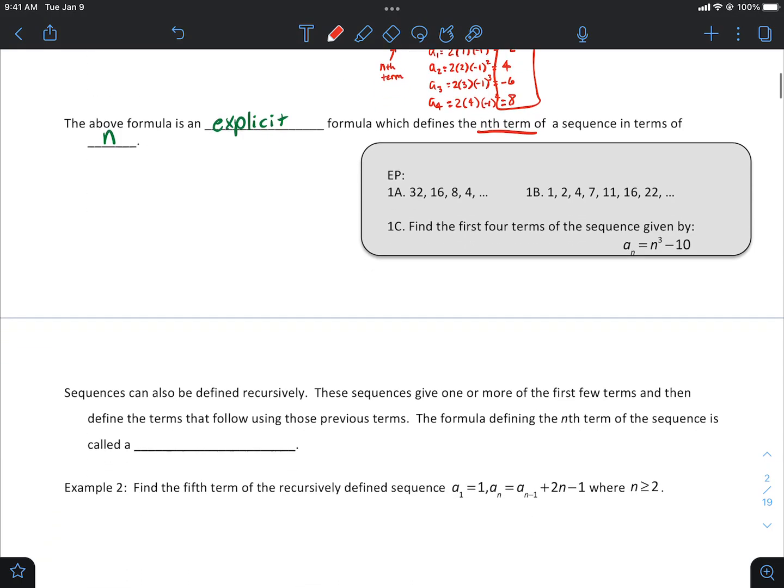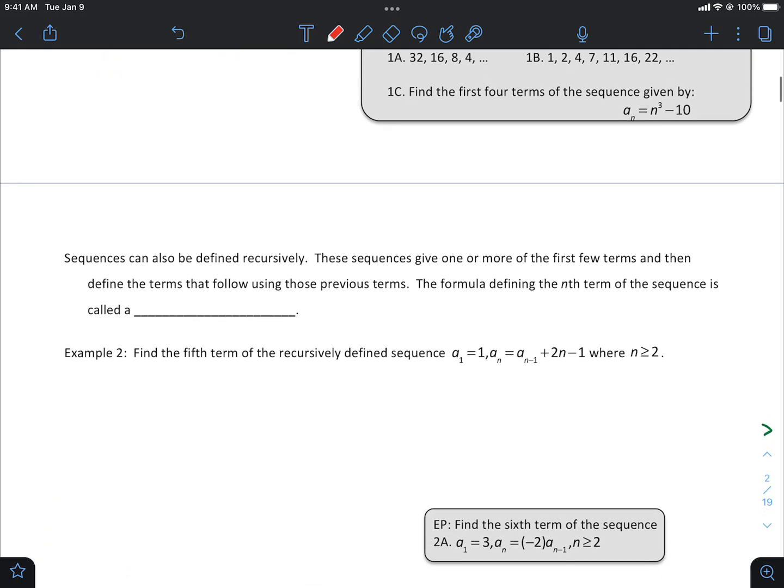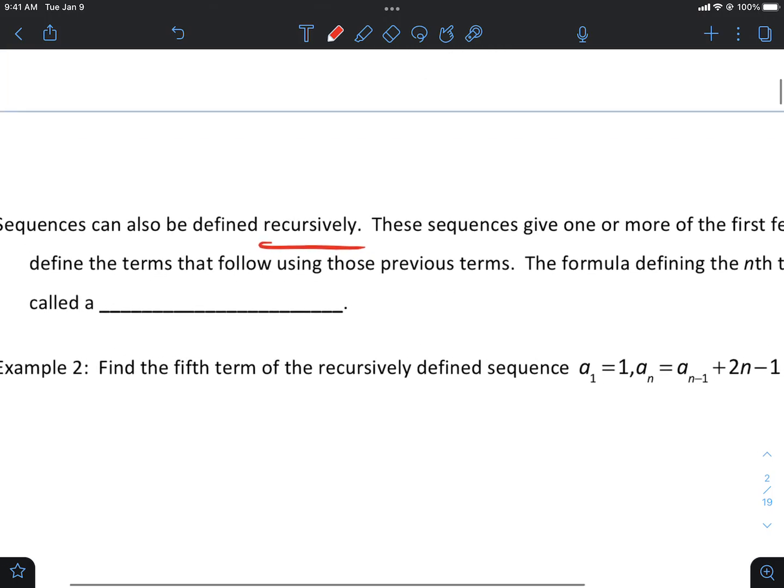The next type of category for sequences is what's called a recursive sequence. So sequences can also be defined recursively. These sequences give one or more of the first few terms, and then they define the terms that follow using the previous terms. And that's kind of the big thing here.